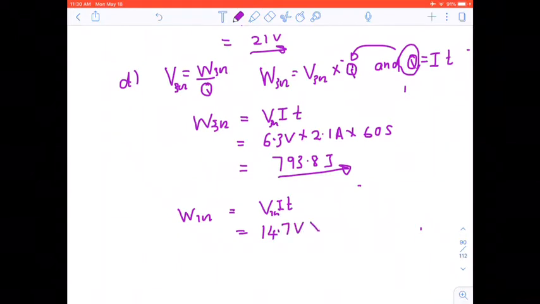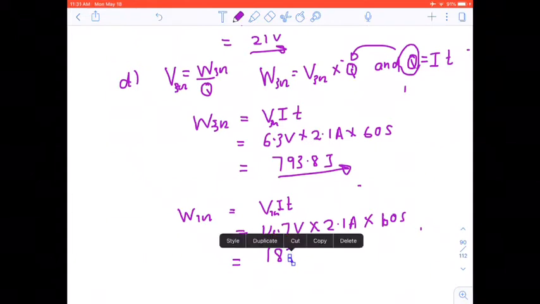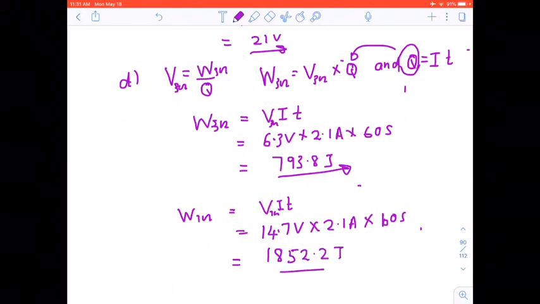We know that the current is still 2.1 amps, and it is for 1 minute, which is 60 seconds. When we multiply that out, we get 1852.2 joules.